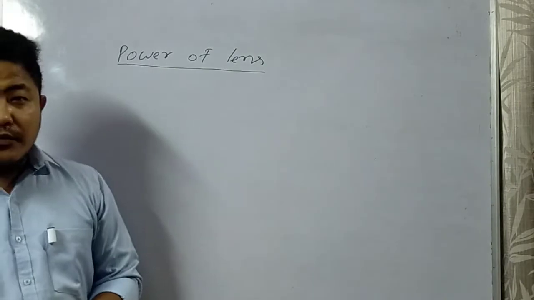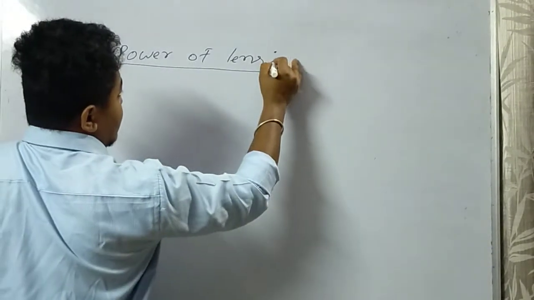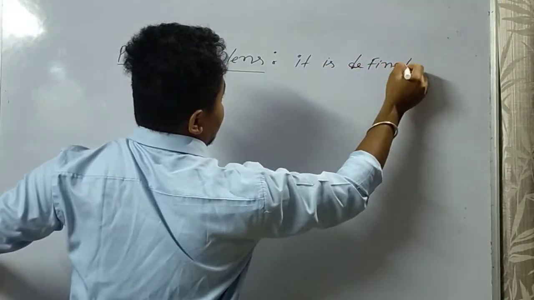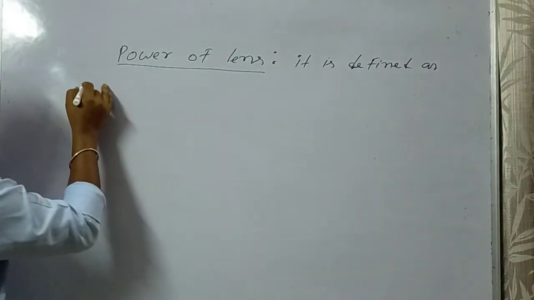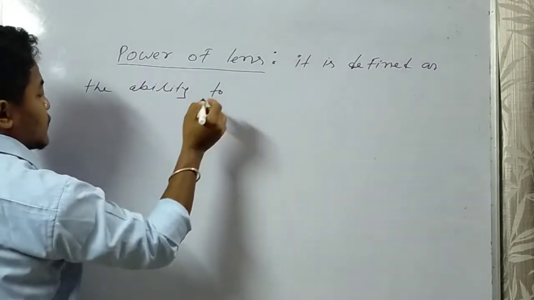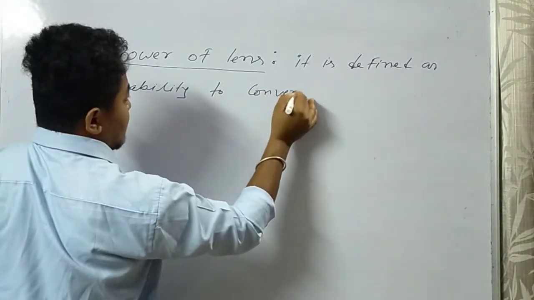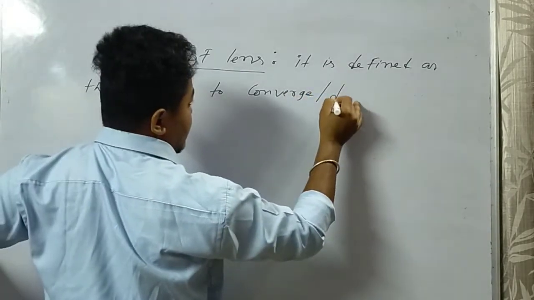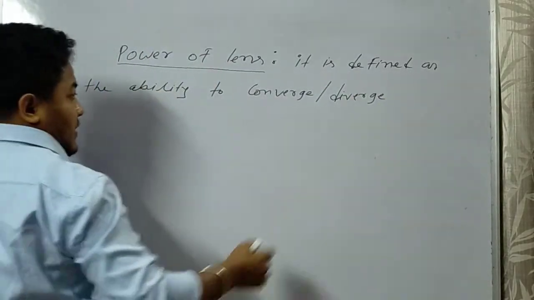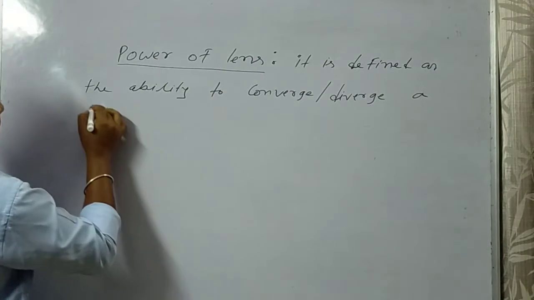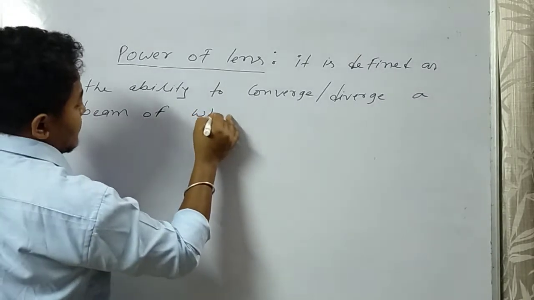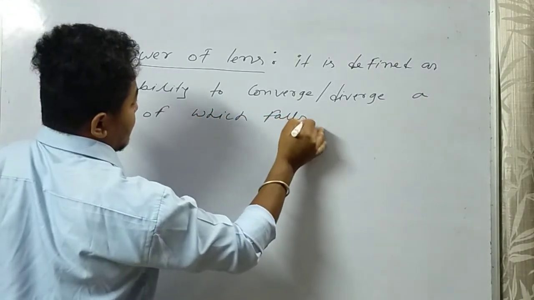So if I define the power of lens, you'll write: it is defined as the ability to converge or diverge a beam of light that falls on it.